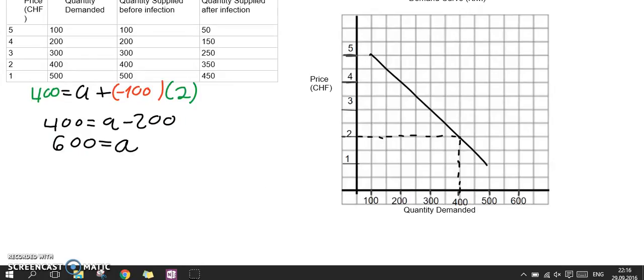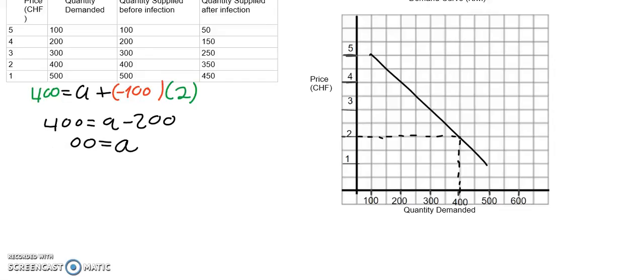Now, this is what I got from the whole equation, and I also marked here the two variables that I used for it, the price and the quantity demand, and I also drew the line for the demand curve.